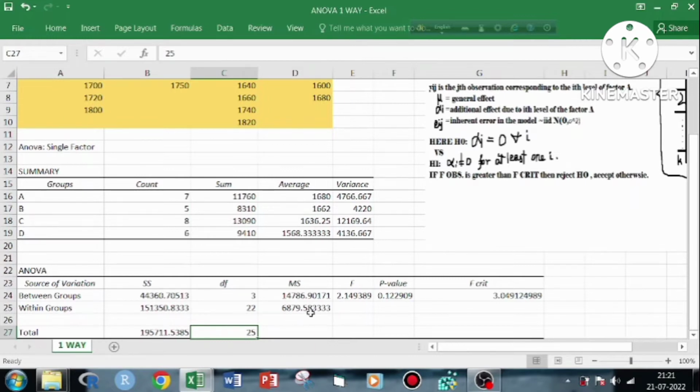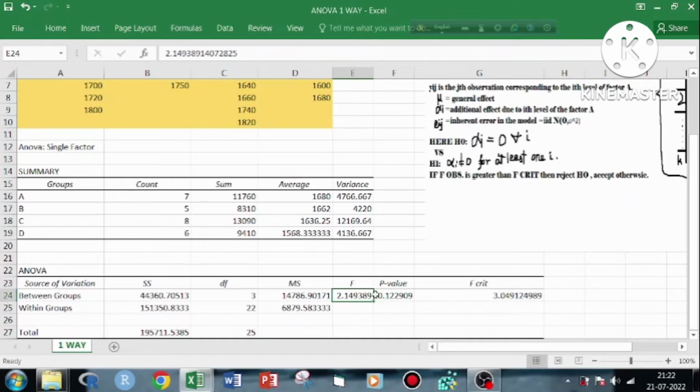And what is this F? This is our F observed. It is obtained by MSB by MSE, that is MS between the batches and MS errors, and we are getting 2.149.